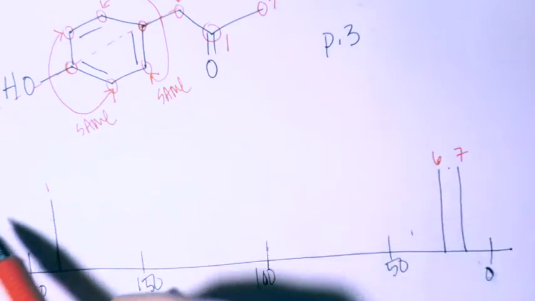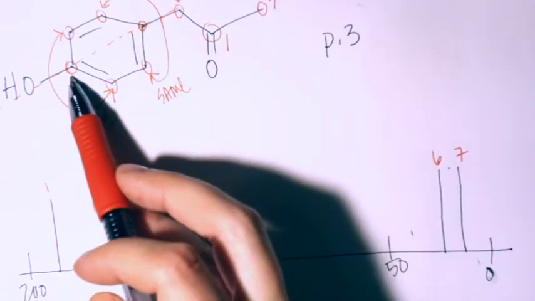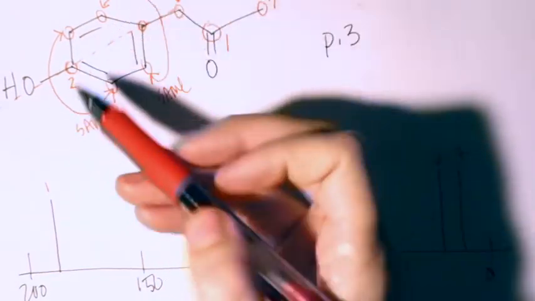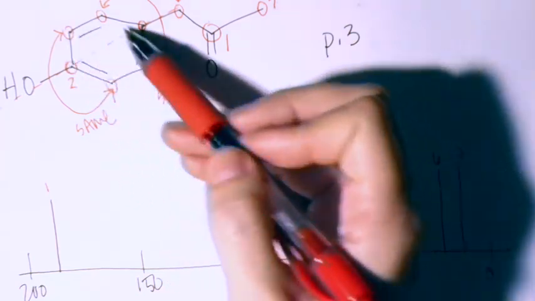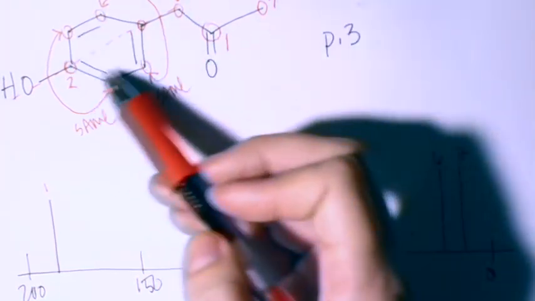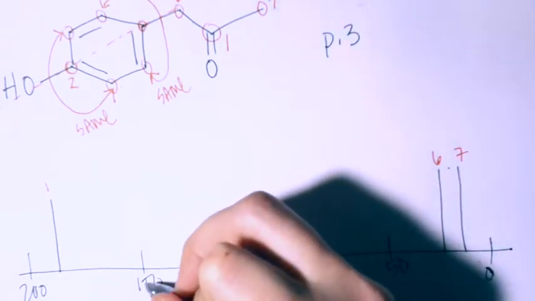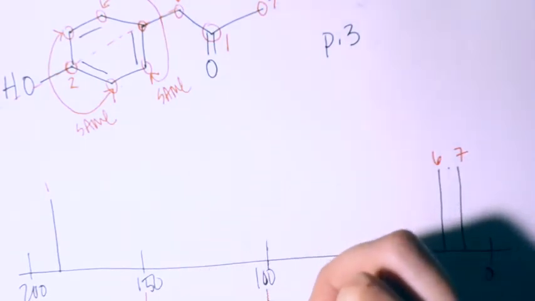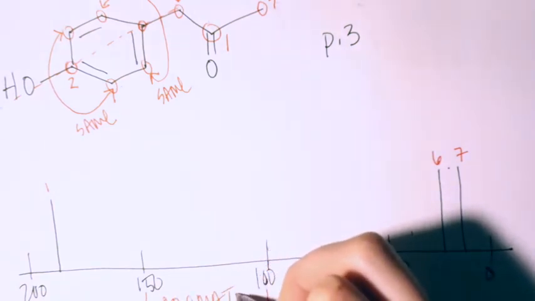And so if we rank them, going from downfield to upfield, this is gonna be the next one we encounter. So I'm gonna number this one number 2. The reason for that is because this one is on a pi bond. It's part of an aromatic ring, so that's gonna be very de-shielding. So our aromatic region is gonna be here, right? In the 150 to 100 region, that's our aromatic region where you'd see the aromatic carbons.